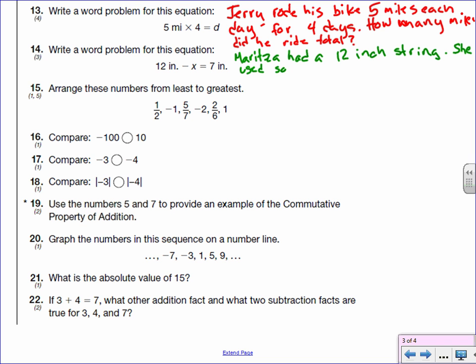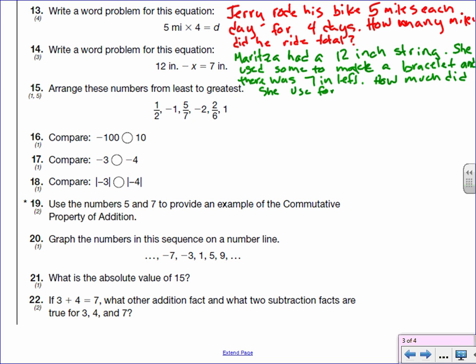She used some to make a bracelet, and there was 7 inches left. How much did she use for her bracelet?